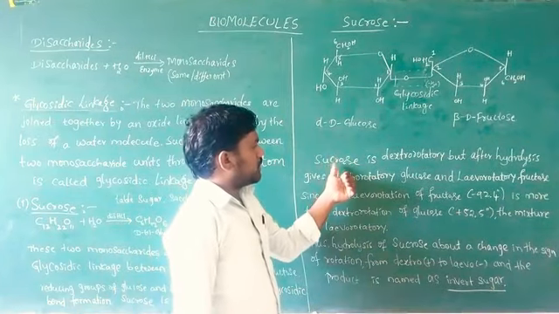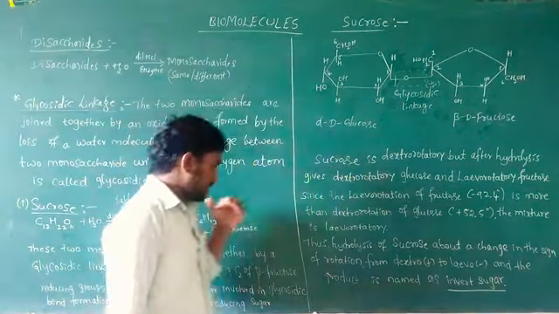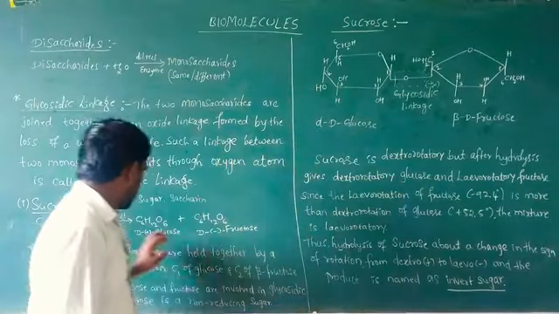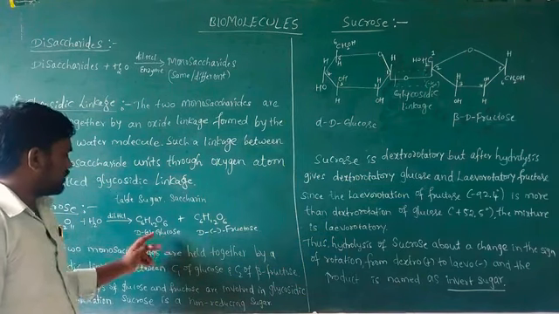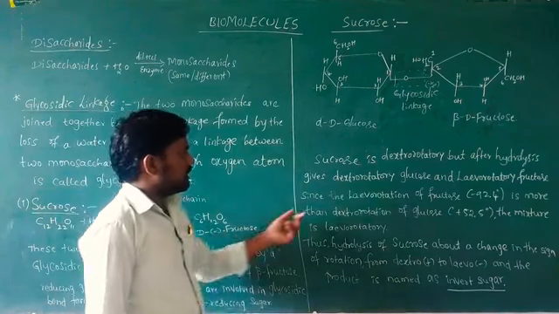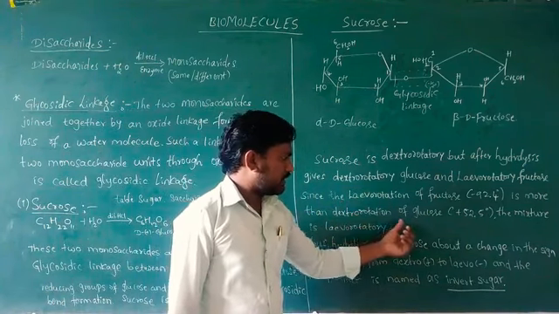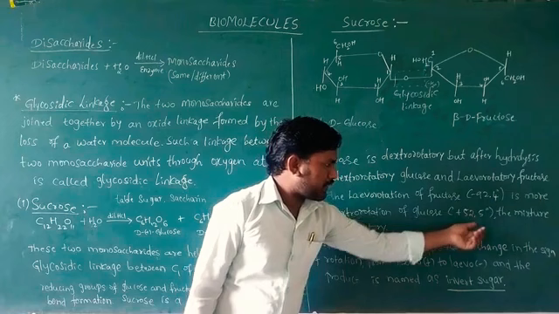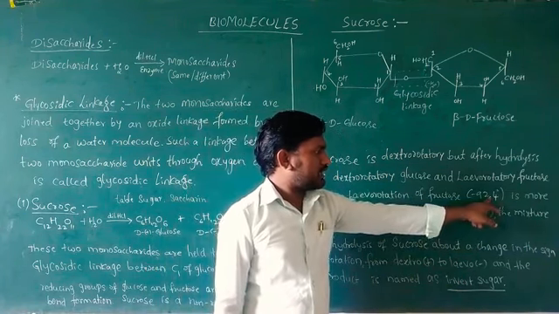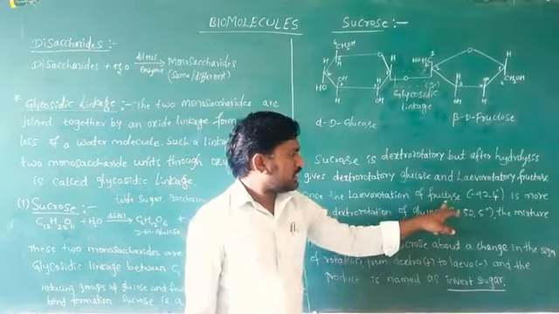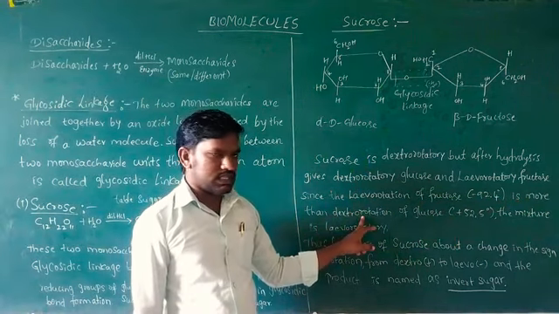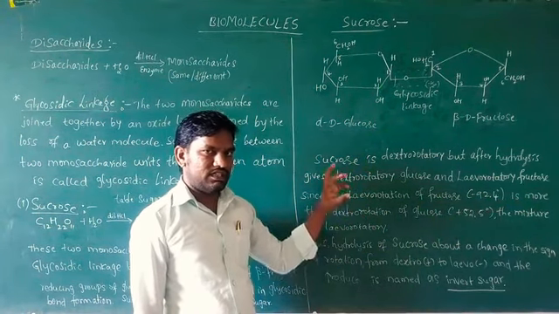Sucrose is dextrorotatory, but on hydrolysis it gives two products, one dextrorotatory and one levorotatory. Glucose has a dextrorotation of plus 52.5 degrees, and fructose has a levorotation of minus 92.4 degrees. The fructose value is greater than the dextrorotation of the glucose, so the sign changes.